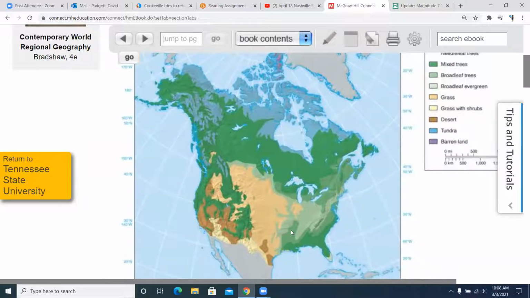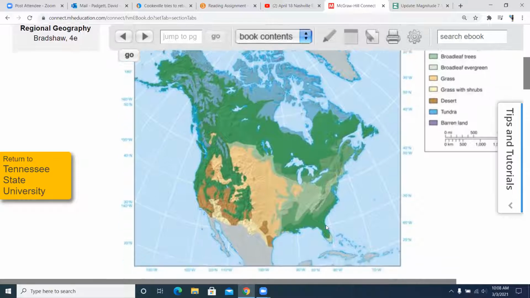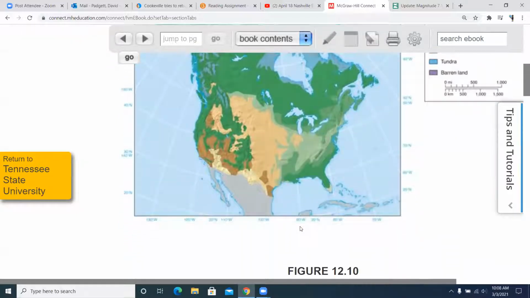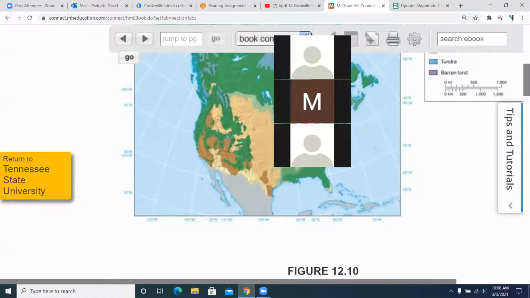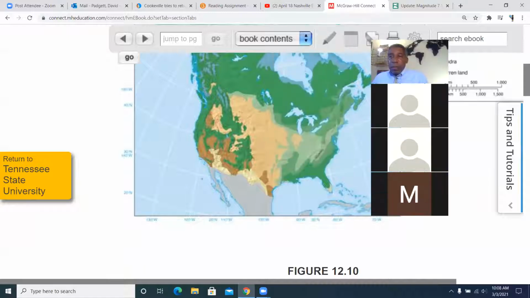And with mixed trees, what's interesting is that there's good news and bad news about the mixed forest that we have here in Middle Tennessee. The good news is that if you're into hiking or into the outdoors, I was outside yesterday and I was amazed at the diversity of the plant ecosystem here.